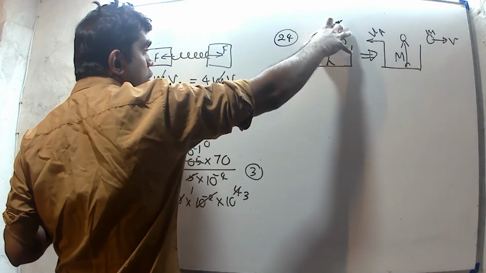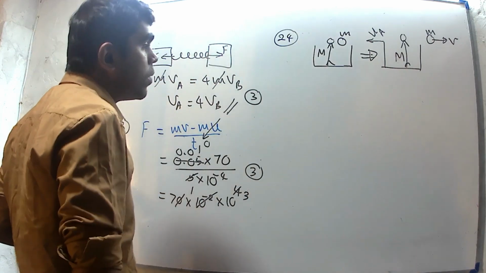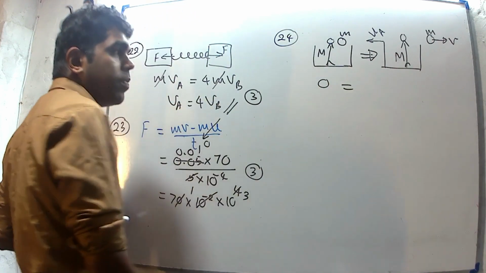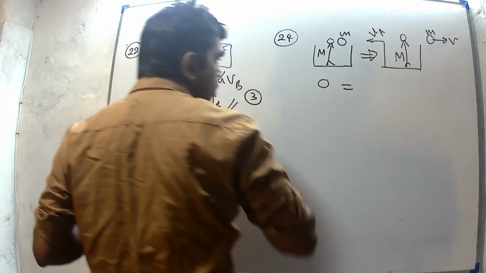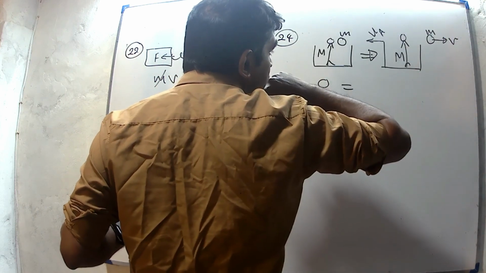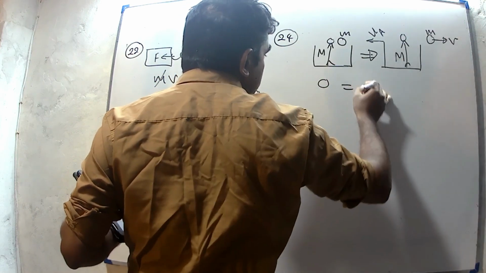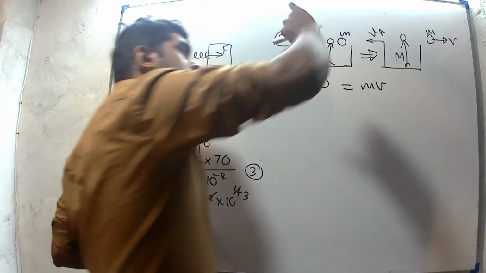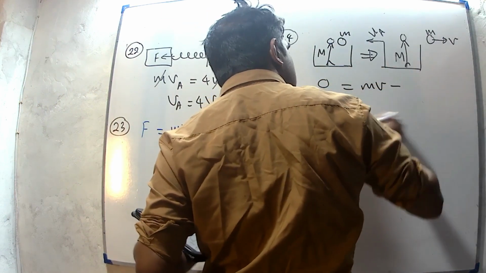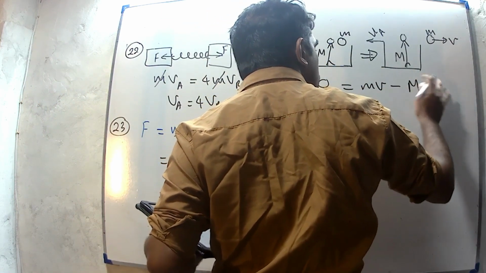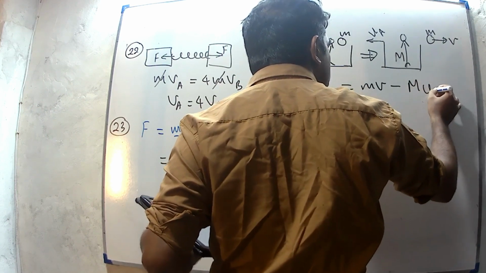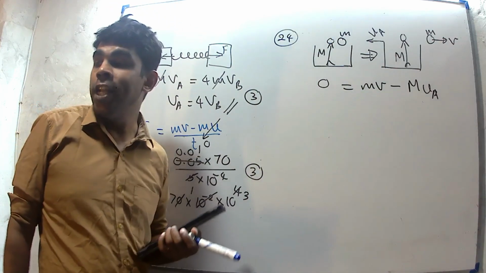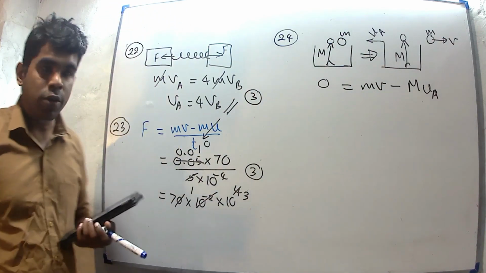Before throwing the ball, there is no momentum, there is no velocity. Therefore 0. After throwing the ball, mv, it is the momentum of ball, in right hand direction, minus capital M UA, the momentum of boy and trolley, in opposite direction, left hand direction, therefore we have to subtract.